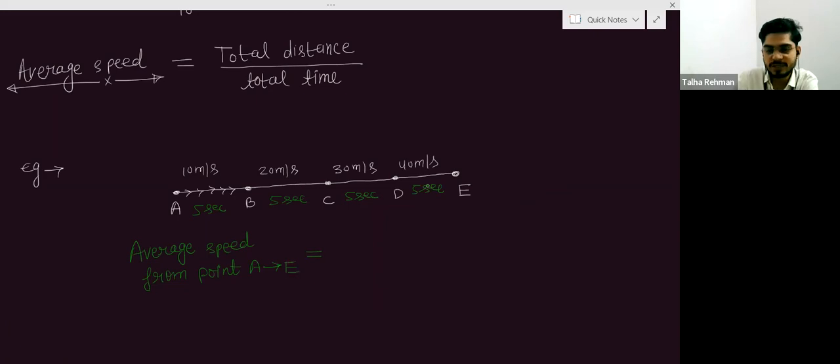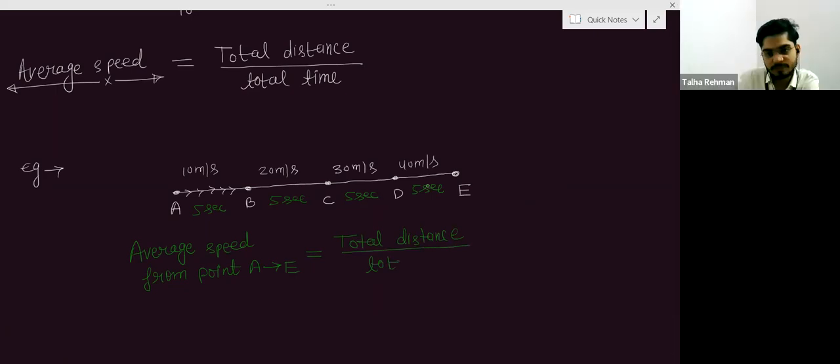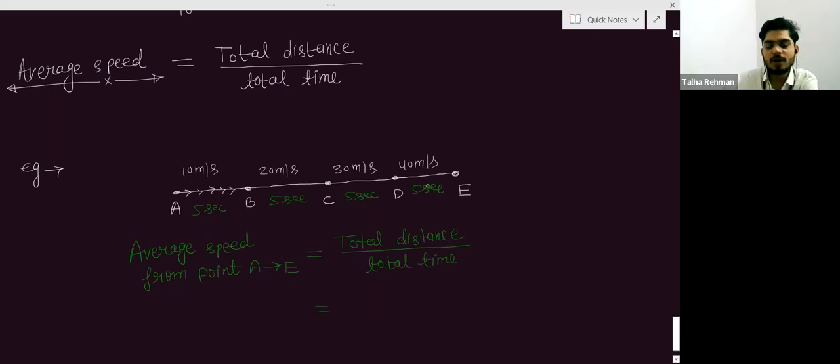I have told you: total distance divided by total time. We have the total time, 5 times 4, that is 20 seconds, but we do not have the total distance. How will we calculate the total distance?